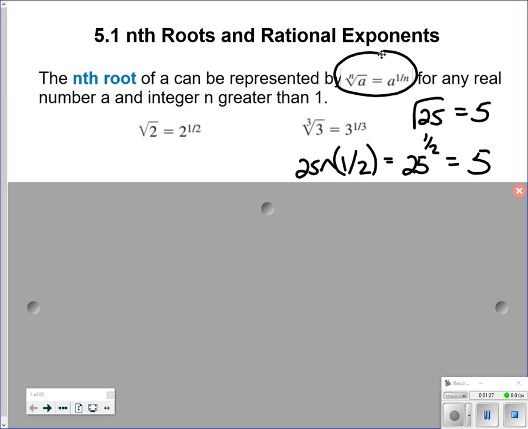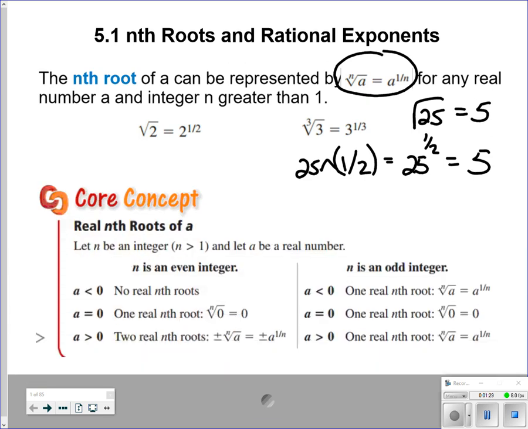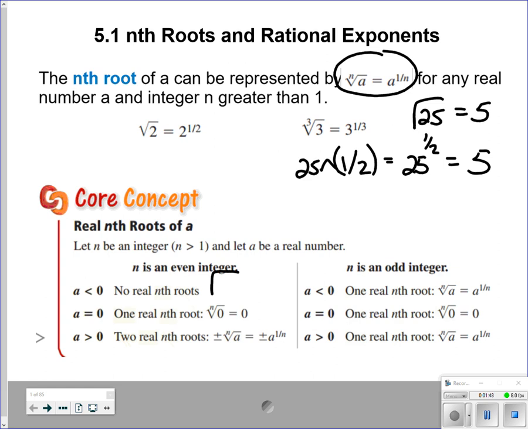Now, I hesitate to pull this down, but I'm going to talk about it just a little bit. Sorry about the interruption there. This basically is talking about when you decide to solve something and you want real answers. If you have a negative under the radical, that wouldn't be real. So there's no real answers if the radicand is negative.